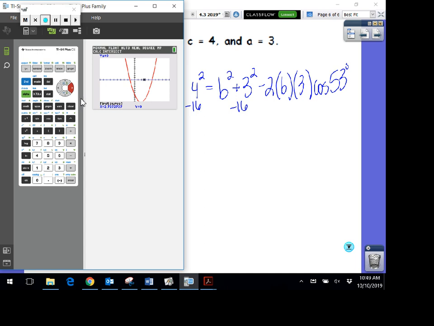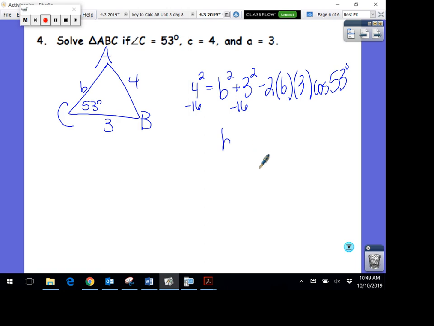So that means there's only one triangle here. It was the ambiguous case, side side acute angle. But because the parabola only crossed the x-axis once, that's why we only have one answer. And we get 5.009. So B equals 5.009.